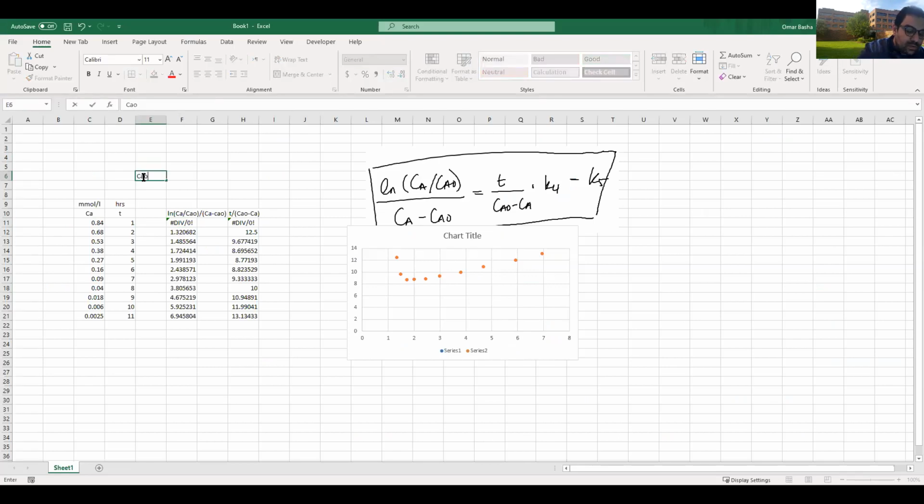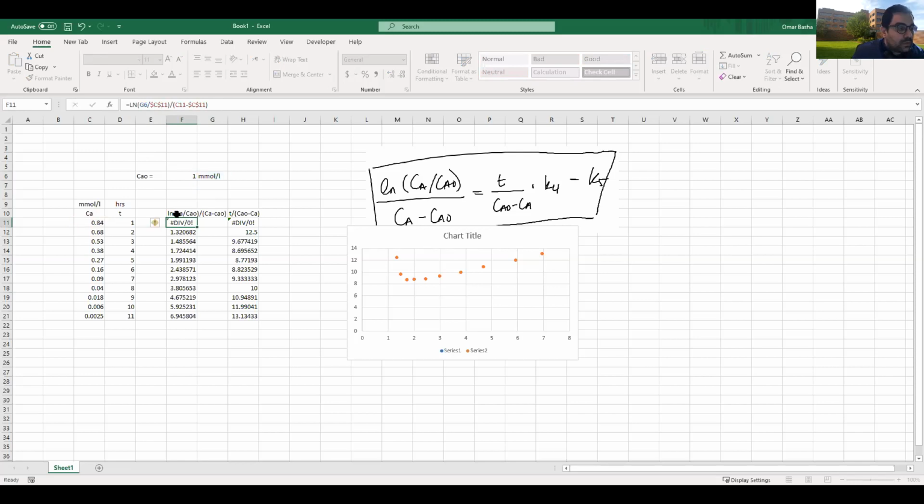So CA naught is given in the problem to be 1 millimole per liter. Okay, that makes sense, because I used this number as CA naught and forgot that we were given a CA naught. So let me move the CA naught to here.